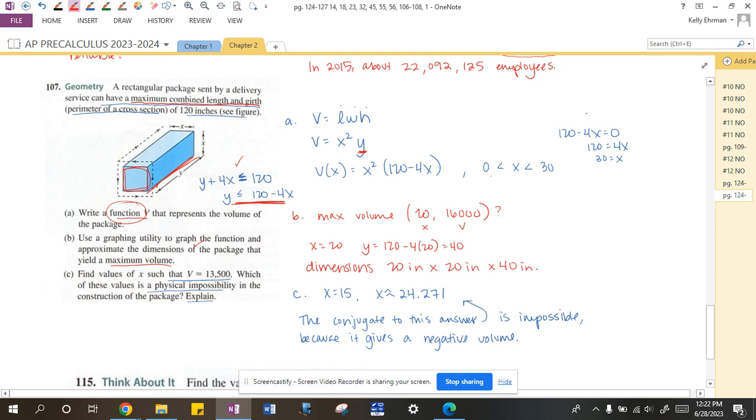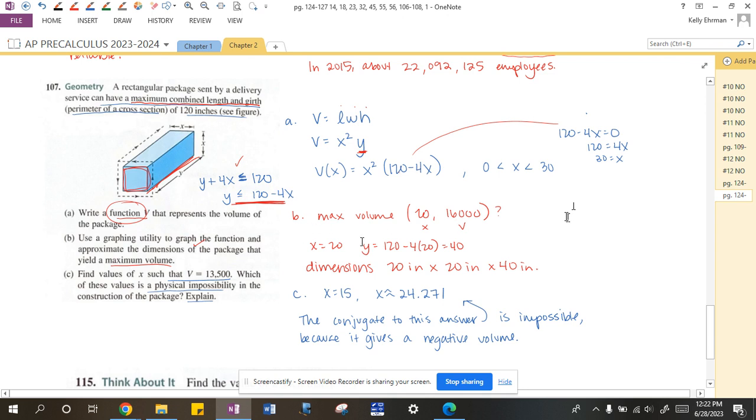So what are the restrictions for this? Well, we can't have a dimension of 0, so x needs to be bigger than 0. And then we can't have this length dimension equal 0 either. So I set 120 minus 4x equal to 0, solved for x. X needs to stay smaller than 30 so that it still fits within the constraints and doesn't give us a 0 or a negative volume.